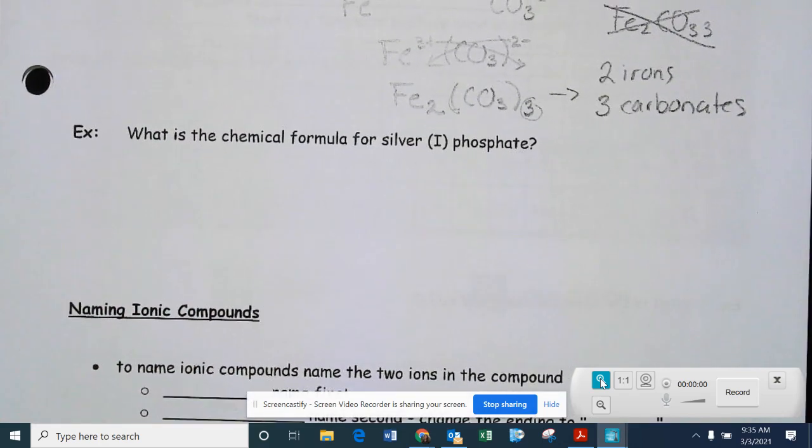Okay, can everybody try the silver 1 phosphate on their own?